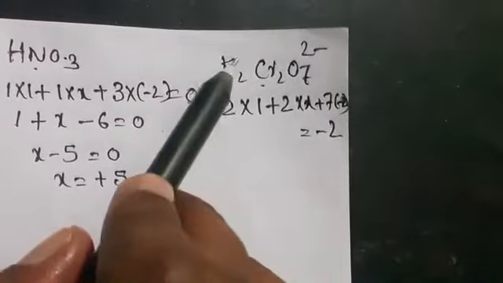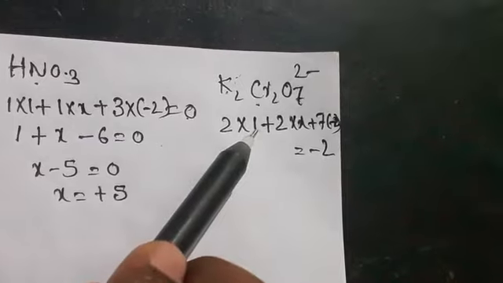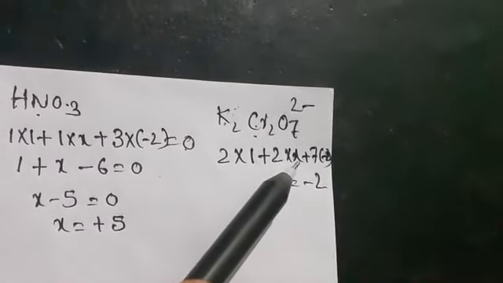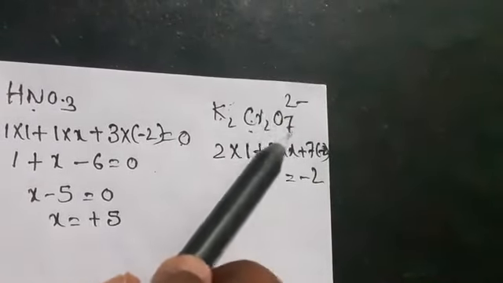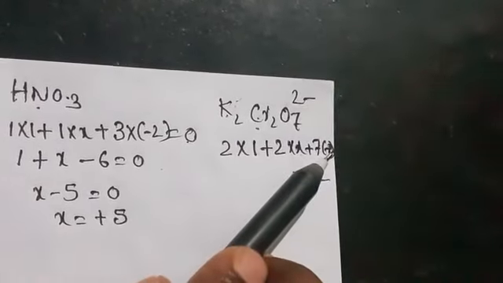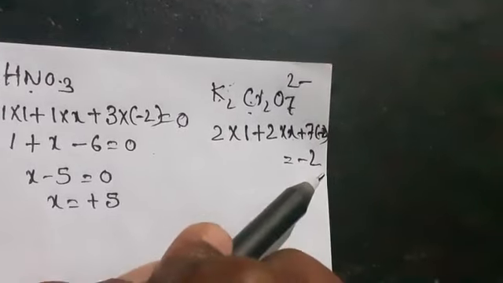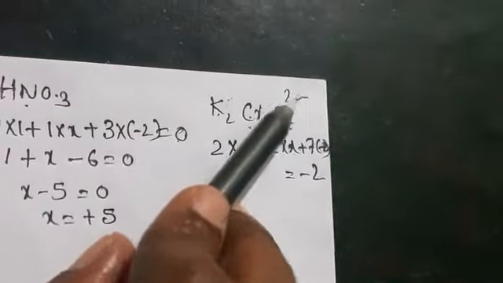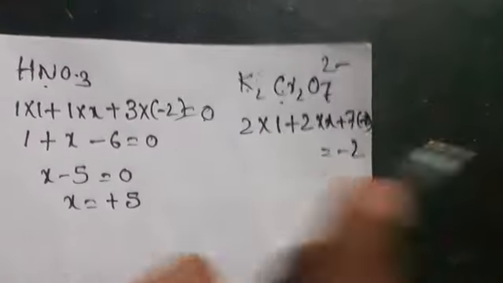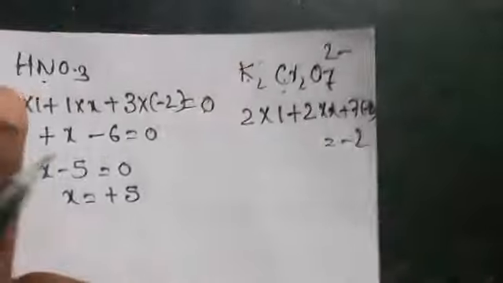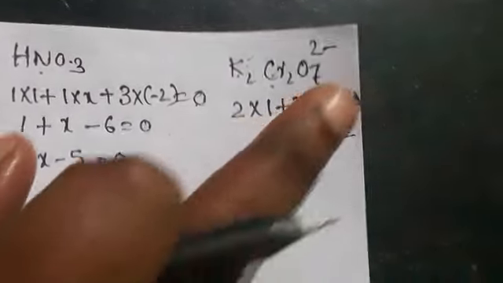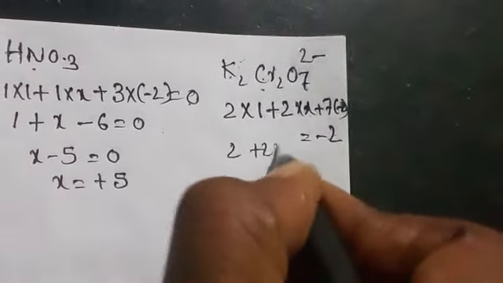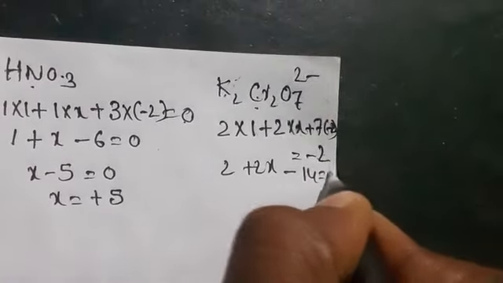Observe clearly: for potassium the oxidation state is 1, and for chromium we are finding the oxidation state, that is why I have taken x. Oxygen has a fixed oxidation state, minus 2. I have written minus 2 on the right because the charge present is minus 2. Earlier there was no charge, so we kept 0, but here there is a charge.